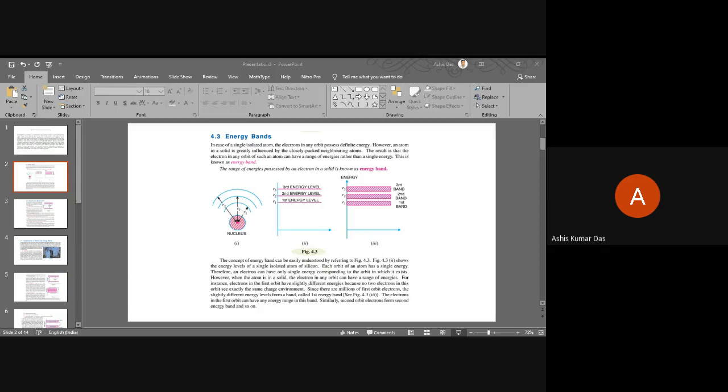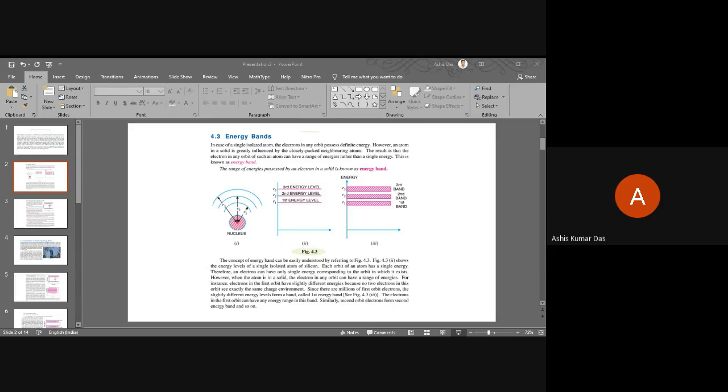in this graph. Here you can see in figure 4.32, this is the first energy level, this is the second energy level, and this is the third energy level. The range of energies possessed by an electron in a solid is known as the energy band. A solid here means germanium or silicon, the basic examples of semiconductor material.